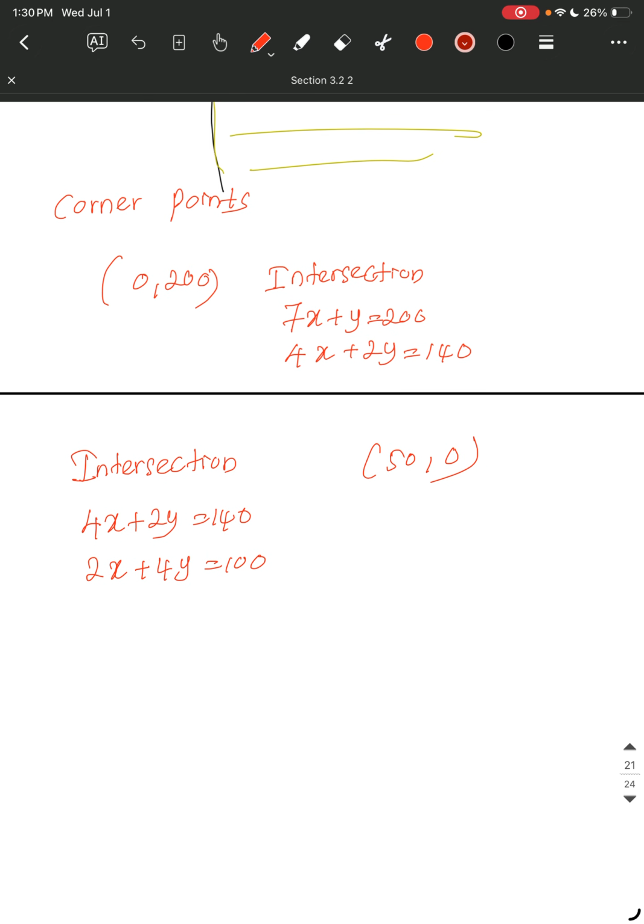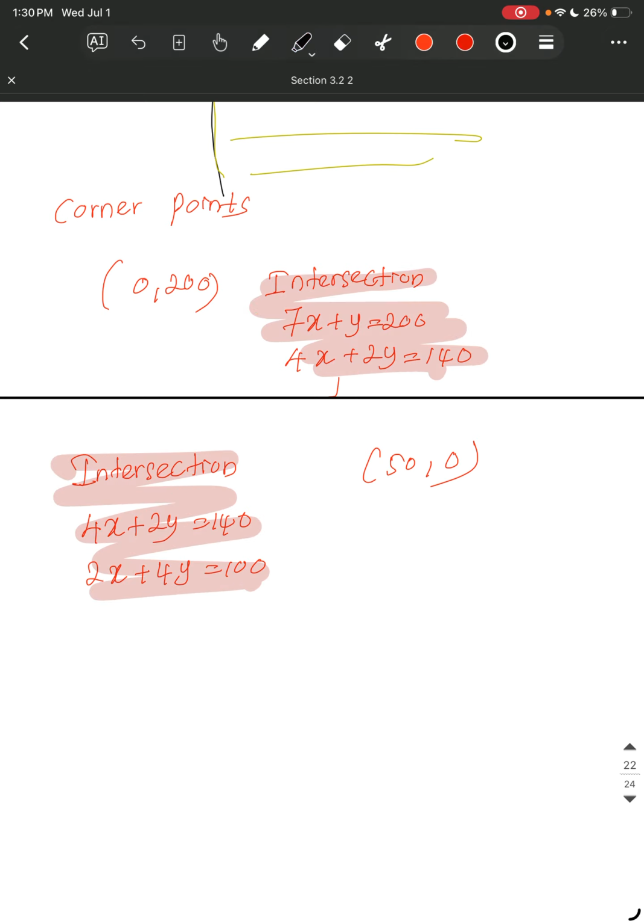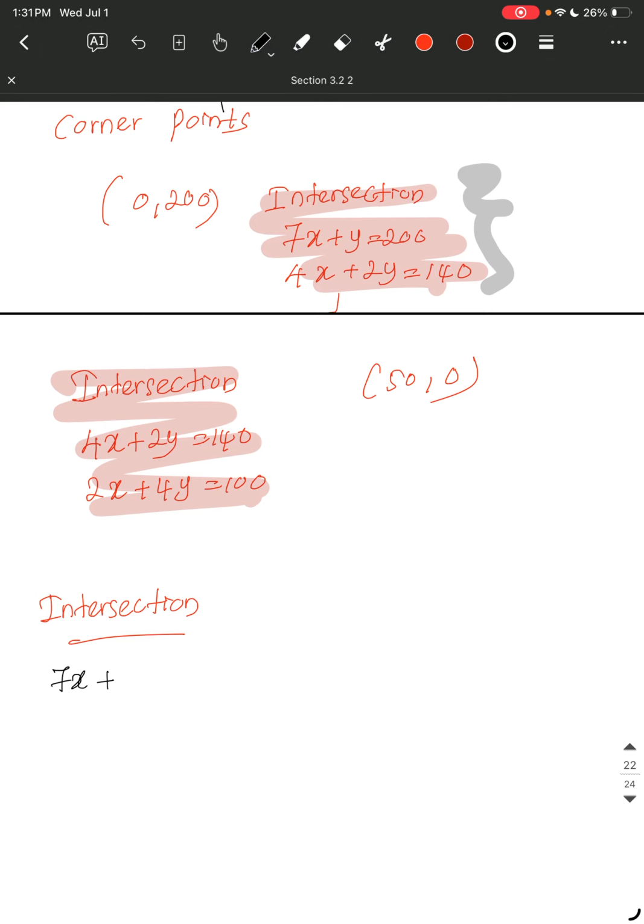Then let's find the corner points. The first one here. So we wanted to find the 2 intersections, this one and this. Okay, let's start with this intersection. Seven x plus y equals 200. 4x plus 2y equals 140.